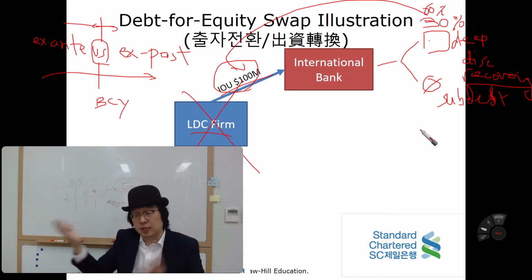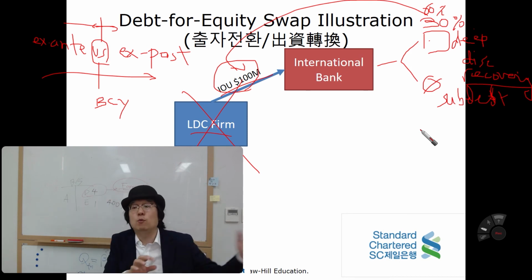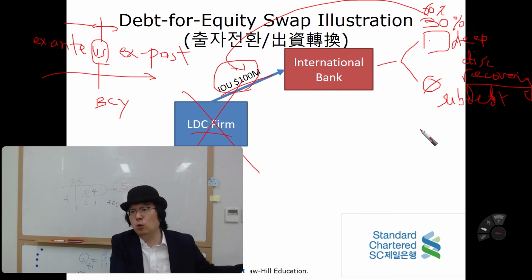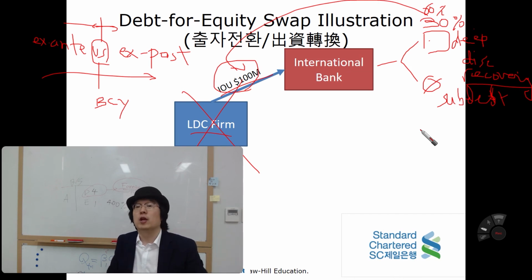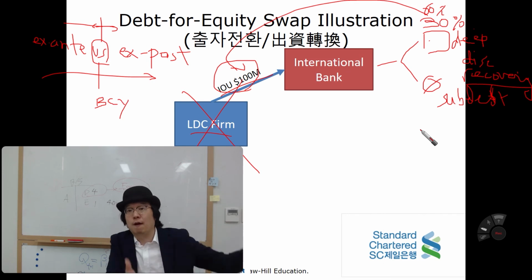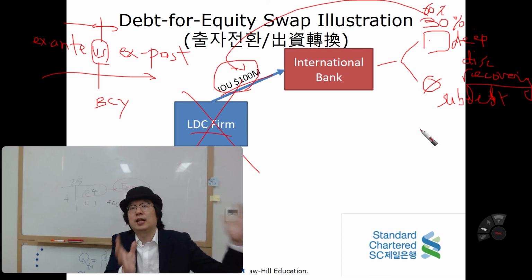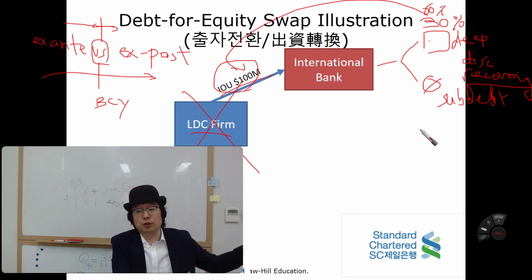Bank of America may want to sell off this kind of loan to private equity companies. That's one thing they could do if the loan amount is big enough, so that the debt holders, Bank of America, may become the shareholder of this indebted, bankrupt company.